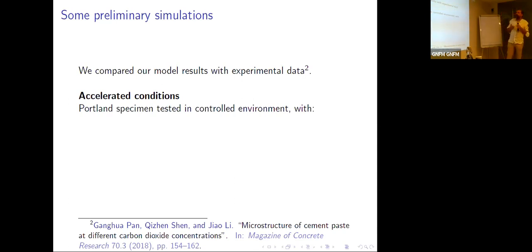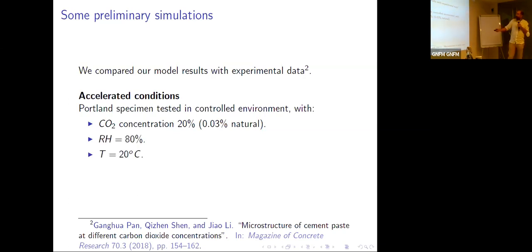So essentially, we increase the concentration of carbon dioxide in the controlled ambient environment up to, for example, 20%. Just to have a comparison number, the natural concentration of carbon dioxide in the environment is around 0.03%. And we also consider here a relative humidity of 80% and a temperature of 20 degrees.